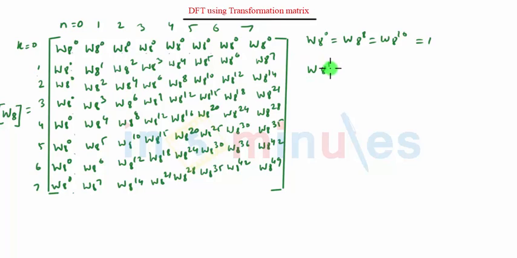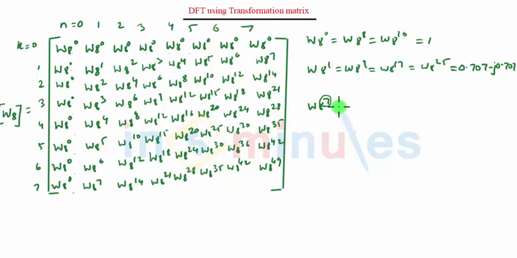Similarly, W8 raised to 1 is equivalent to W8 raised to 9, equal to W8 raised to 17, equal to W8 raised to 25, and it goes on, which is 0.707 minus j 0.707. So we only need to find values up till W8 raised to 7, and the rest of the values can be found by just incrementing the power by 8, because it turns out to be the same value.